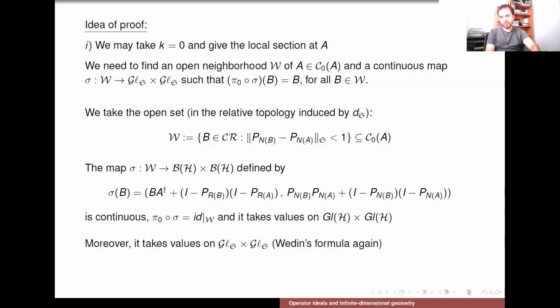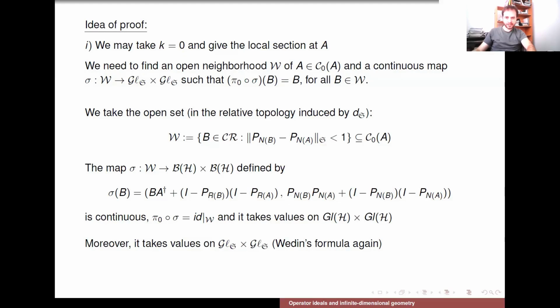Now some ideas to prove the first part about the continuous local cross-sections. We may assume that k is 0 and we construct a local cross-section at our operator A. That means that we need to find a map from an open neighborhood in the orbit to this group, satisfying this condition.